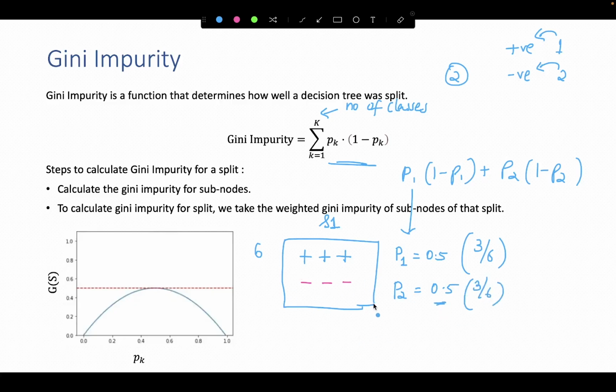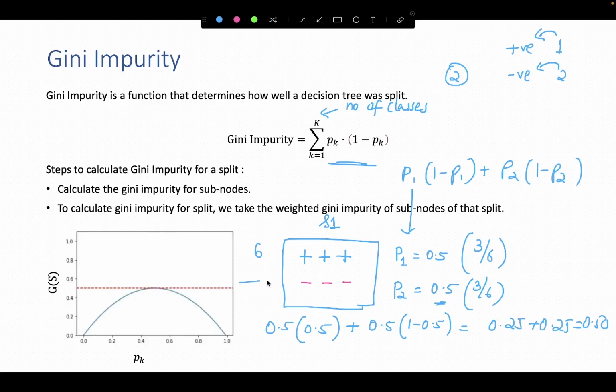When I plug these values of P sub 1 and P sub 2 into the formula, it results in 0.5 multiplied by 1 minus 0.5, which is 0.5 again, plus 0.5 multiplied by 1 minus 0.5, which is 0.5 again. So it's 0.25 plus 0.25, which is 0.5.